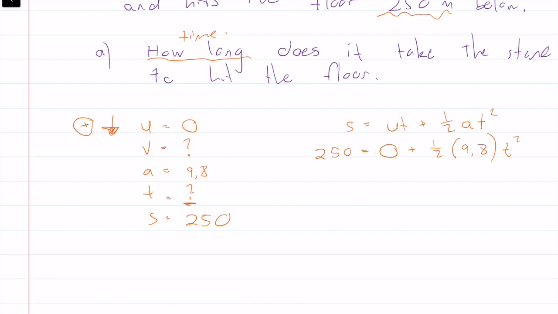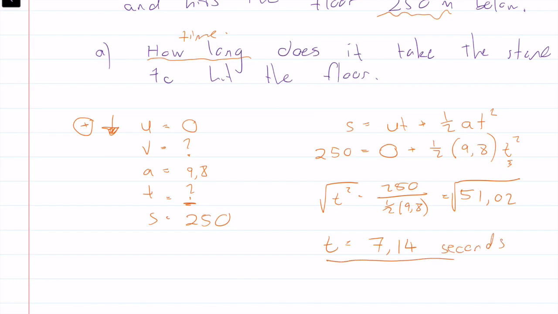There's only one unknown here, T squared, so I can say T squared equals 250 divided by 0.5 times 9.8. That comes out as 51,02. But we want T, so I'm going to square root both sides. So T comes out as 7,14 seconds.